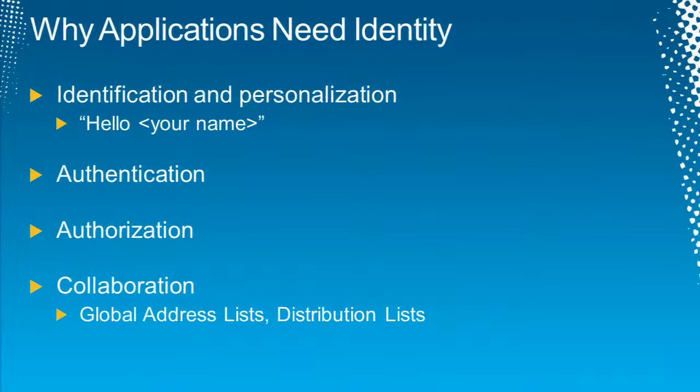The final issue is the collaboration use of identity, the ability to leverage the information that's being provided for personalizing applications, for authenticating users, for authorizing them, and be able to unlock new collaboration scenarios. Within Office 365, we have a number of identity elements that are used to enable collaboration. Simple things like the global address list or mailing list for collaboration.